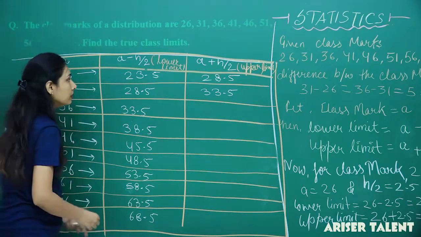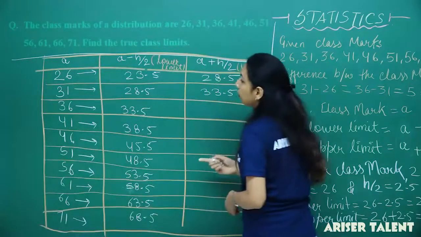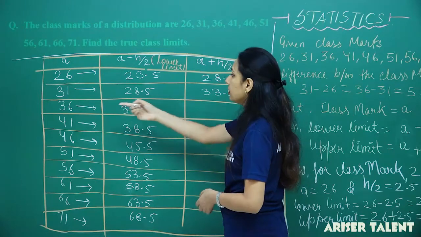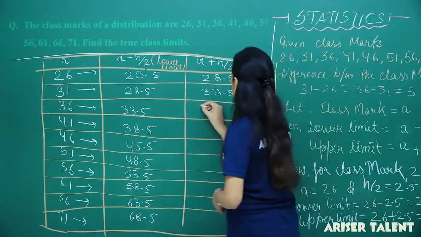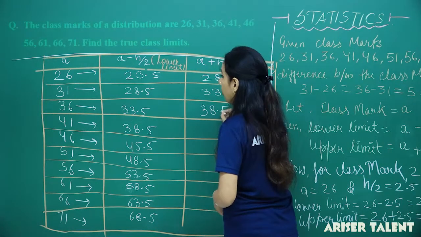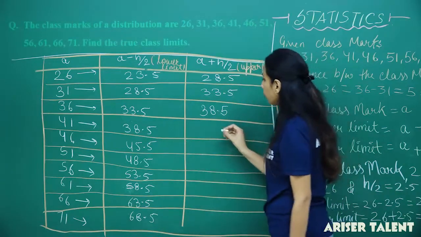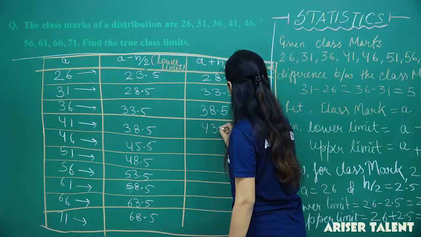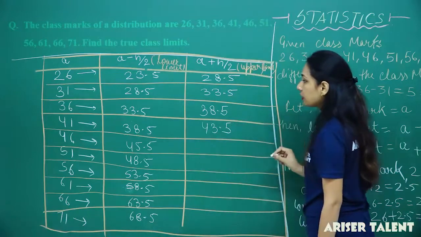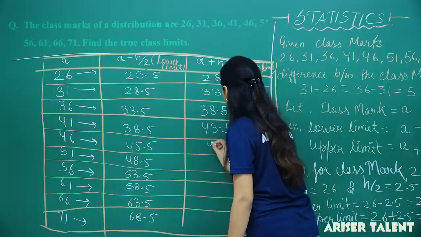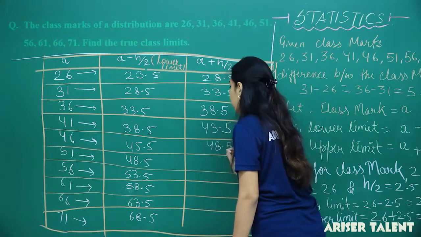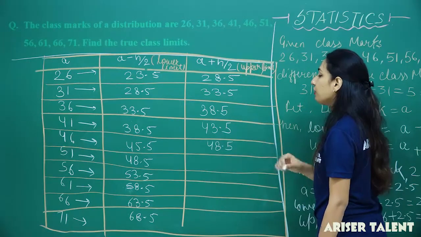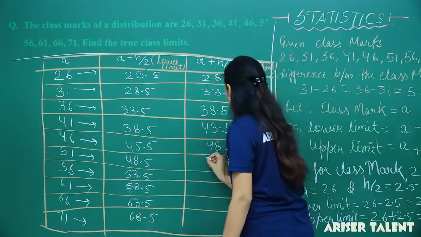You just have to concentrate on which value you have to find out. Now this is 36, so that will be 38.5. 41 plus 2.5 will be 43.5. Then 46 plus 2.5 will be 48.5. Then 51 plus 2.5 will be 53.5.